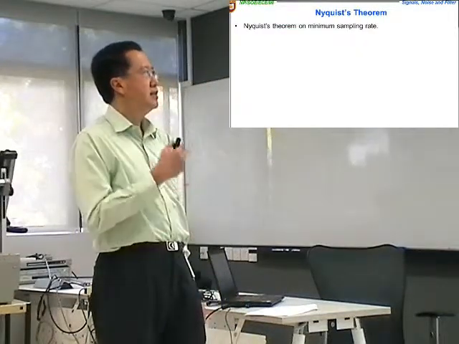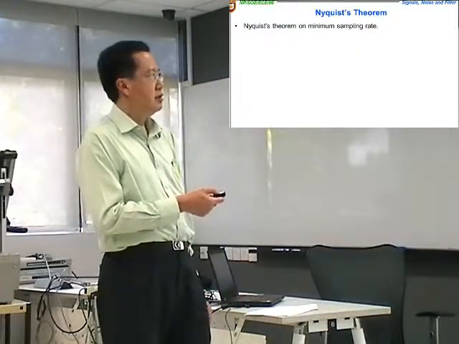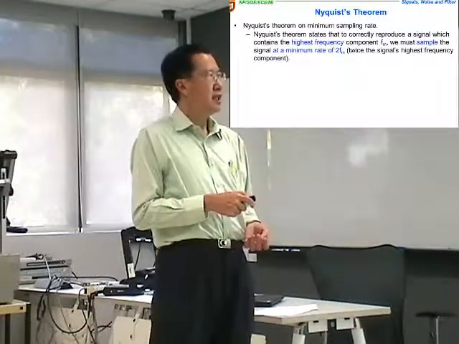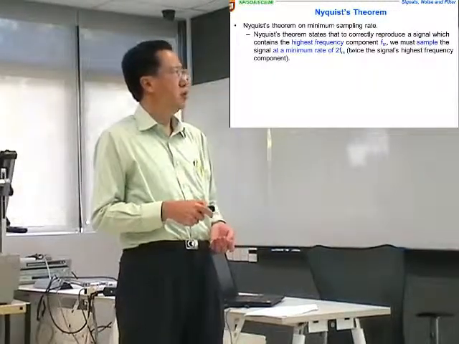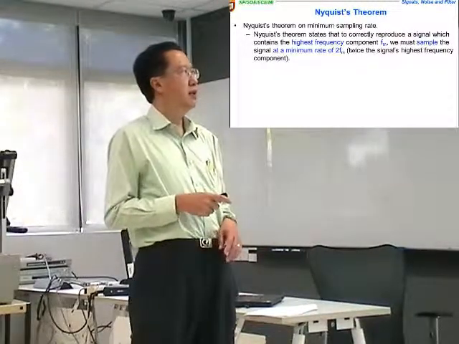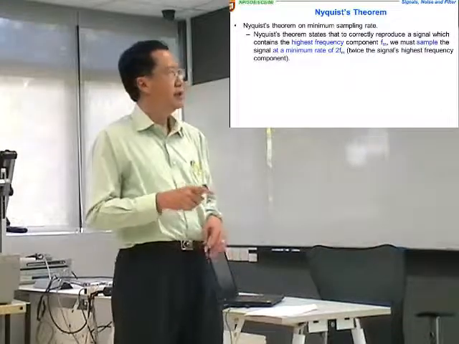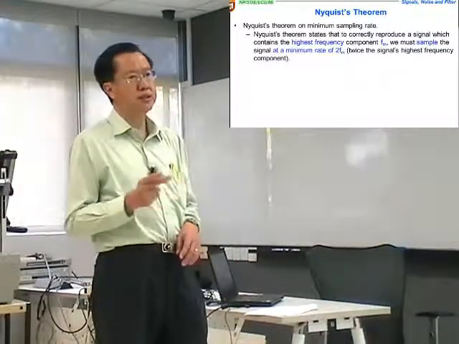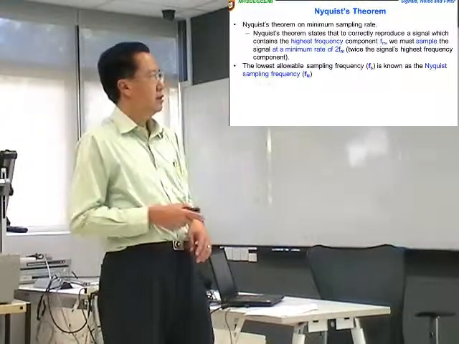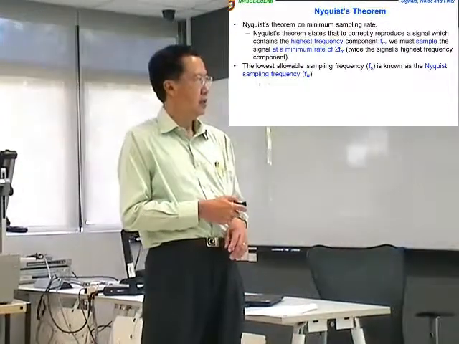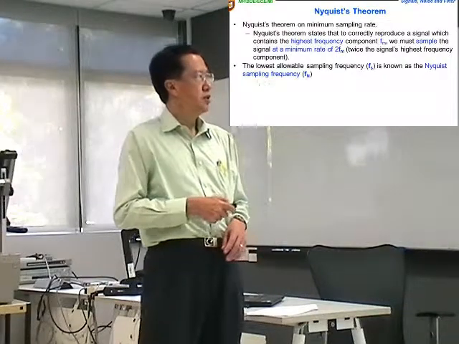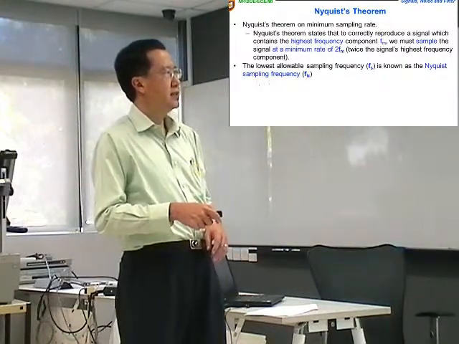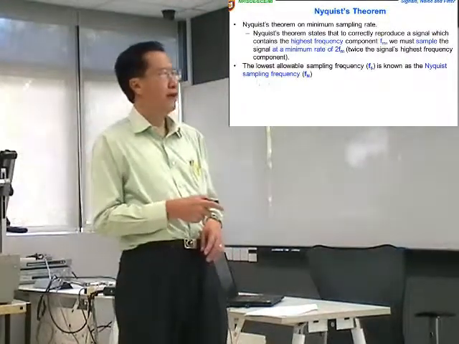So the person who discovered this is called Nyquist, and Nyquist's theorem on the minimum sampling rate is this. Nyquist's theorem states that to correctly reproduce a signal which contains the highest frequency component, Fm, we must sample the signal at a minimum rate of 2 Fm, or twice the signal's highest frequency. So therefore, the lowest allowable sampling frequency, Fs, must be twice of Fm.